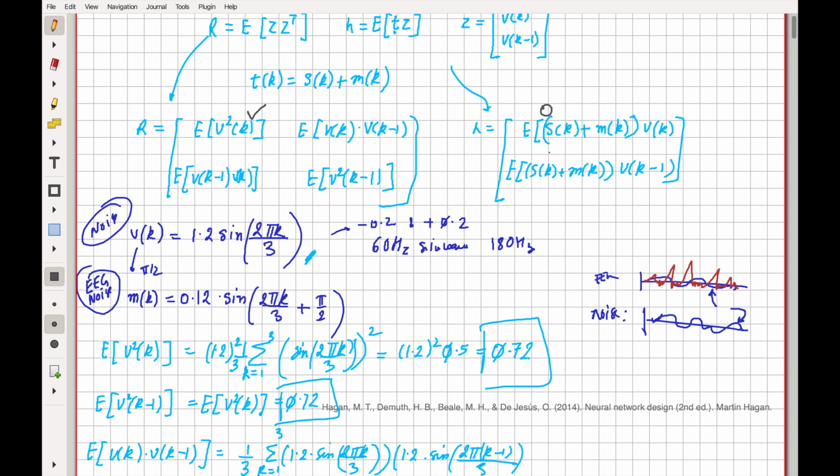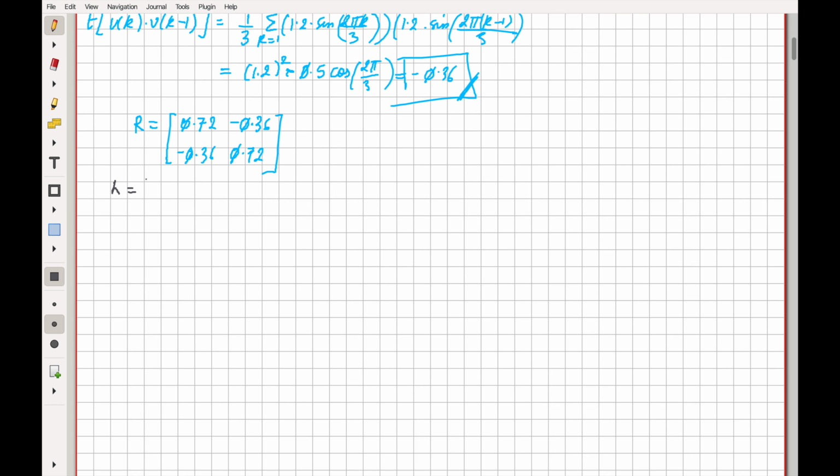We'll look at the top one first, and that is equal to, let me write it again, the expected value of sk plus mk times vk. If we expand this, what we get is the expected value of sk times vk plus the expected value of mk times vk.